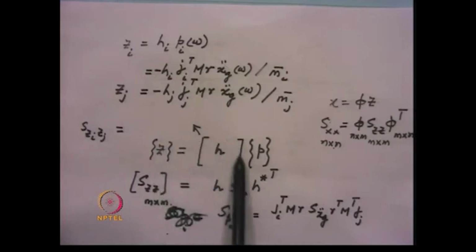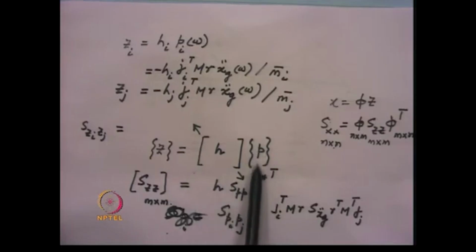P is a modal load vector of the same size m, and then we can write S_zz = H S_pp H*^T.